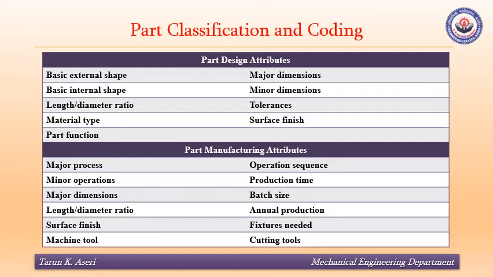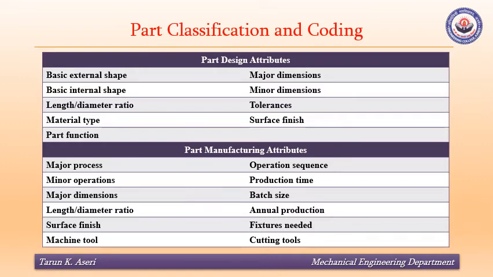If both are the same, one has to take the decision on the basis of where the major fraction of the dimensions or attributes lies, in the design or the manufacturing section.